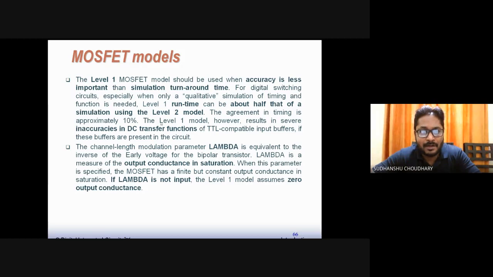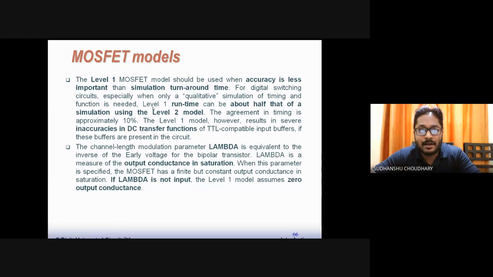Level 1 and level 2, and the other higher levels, have differences in terms of accuracy. Higher levels are more accurate for short channel MOSFETs. For large or long channel MOSFETs, level 1 and 2 are sufficient. Another thing you will notice between level 1 and 2 is that if you use the level 2 MOSFET model, the simulation time is more.